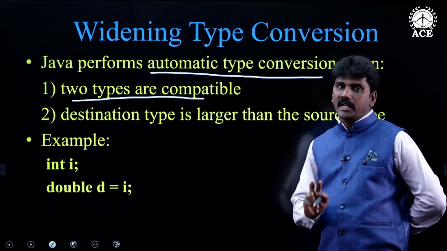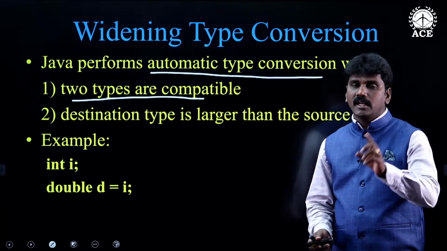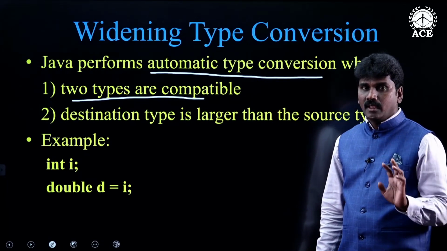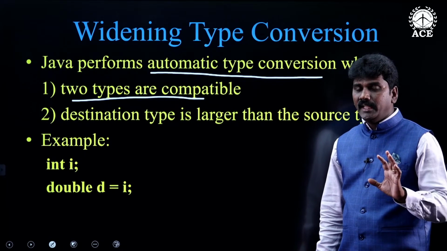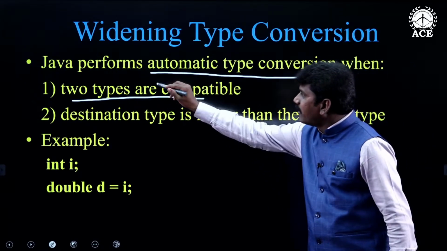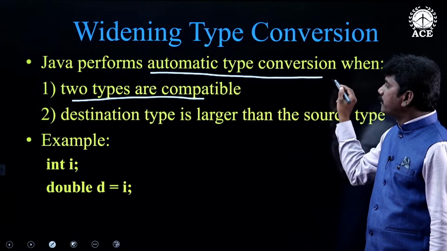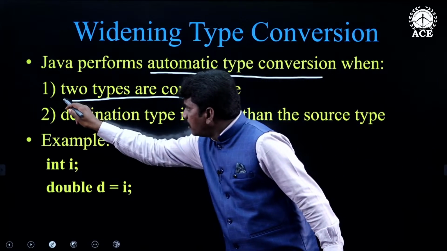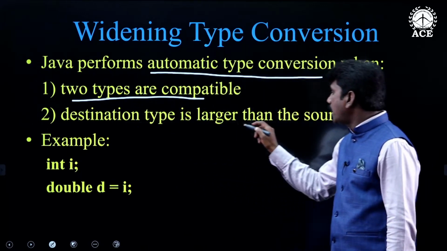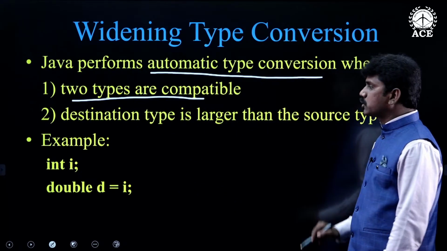Two types are compatible means integer and floating point groups both are compatible, like we have seen. But whether it is widening or narrowing is going to be decided now. Java performs automatic type conversion when two types are compatible. Second one, destination type must be larger than the source type.